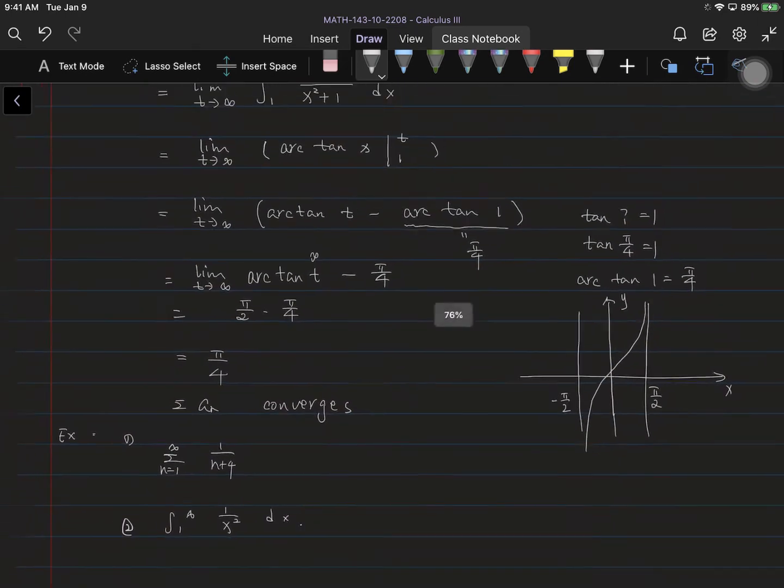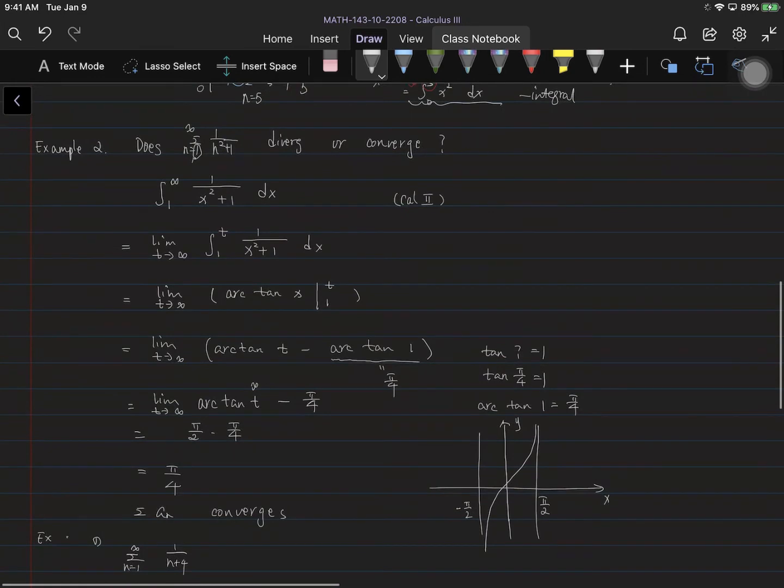Actually, in my example, I didn't say the function is positive, but it's better to say positive, continuous, and decreasing. Why can it not be increasing? Because if it's increasing, that means it's going to be unbounded.